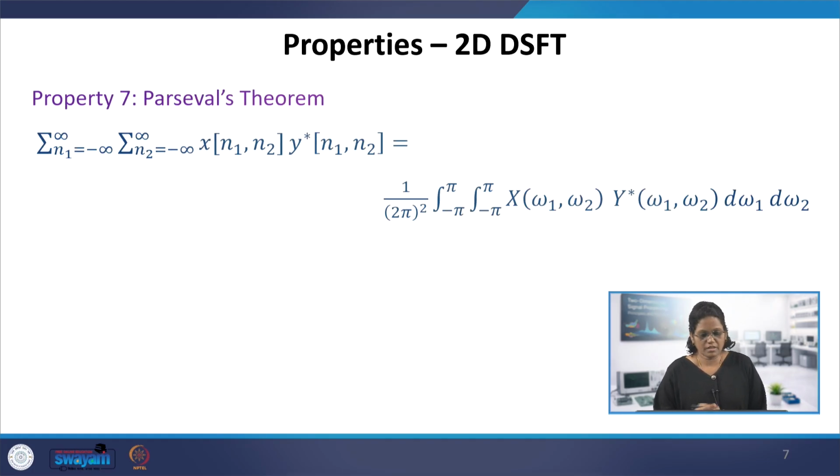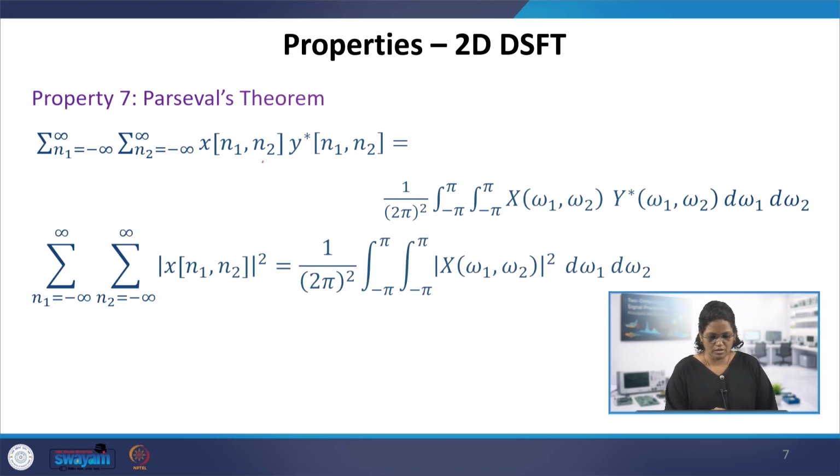And Parseval's theorem, which is useful to know: if x and y are two sequences, x and y's complex conjugate, multiplying them and summing it over, is equal to getting the DSFT and the complex conjugate DSFT. That means we would also say that for a discrete real sequence, the energy of x(n1, n2) is equal to the coefficients we get in the Fourier domain, the spectrum.